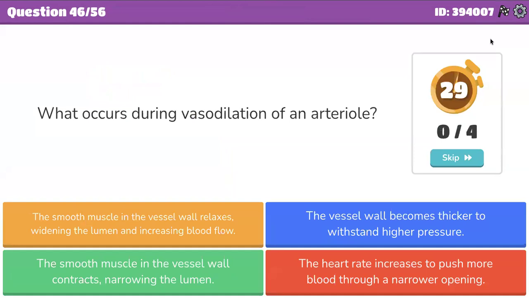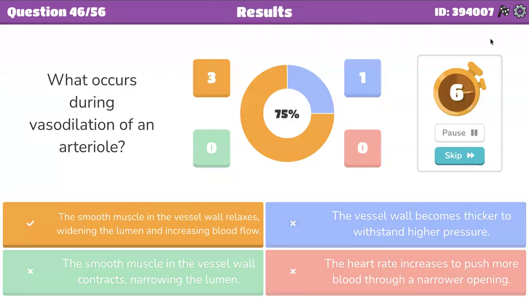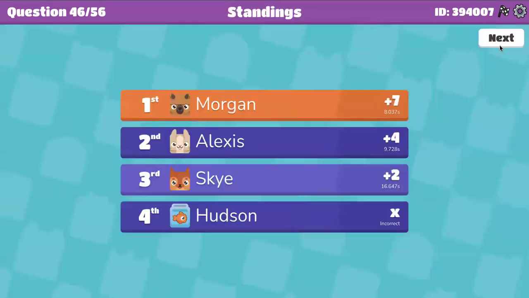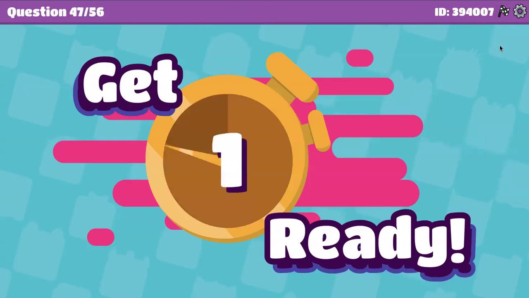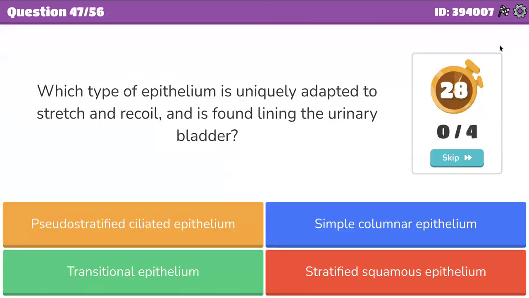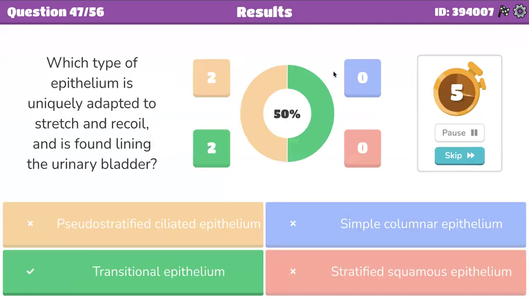What occurs during vasodilation of an areola? The smooth muscle in the vessel walls relaxes, widening the lumen and increasing blood flow. What type of epithelium is uniquely adapted to stretch and recoil and is found lining the urinary bladder? Transitional epithelium.